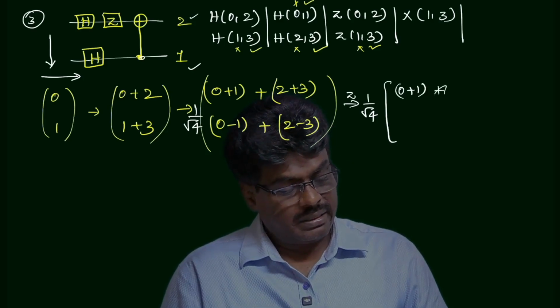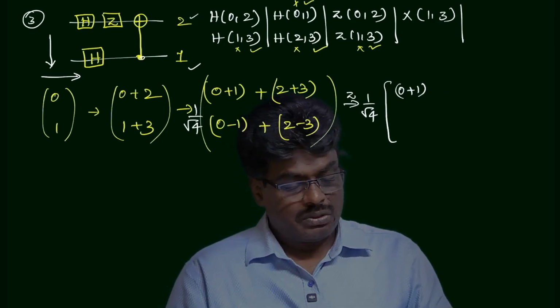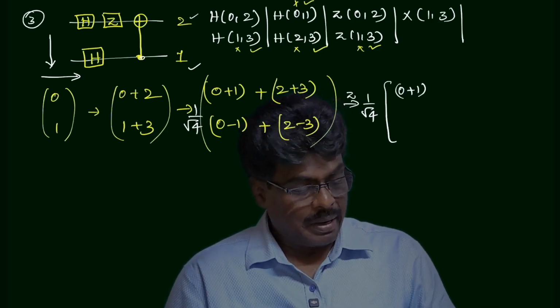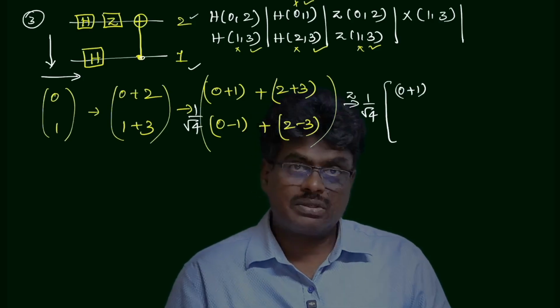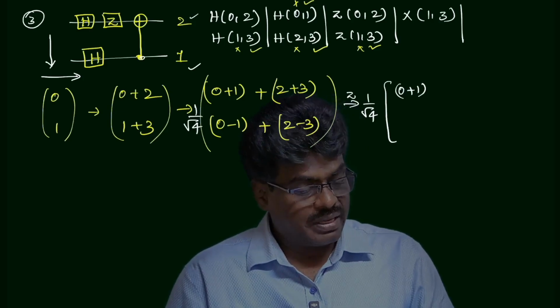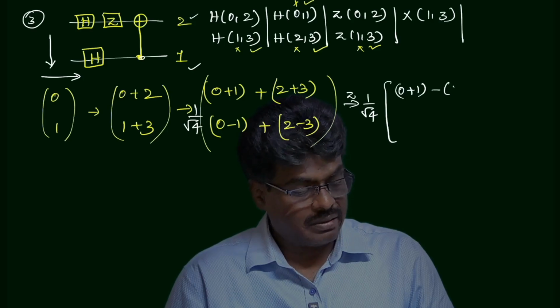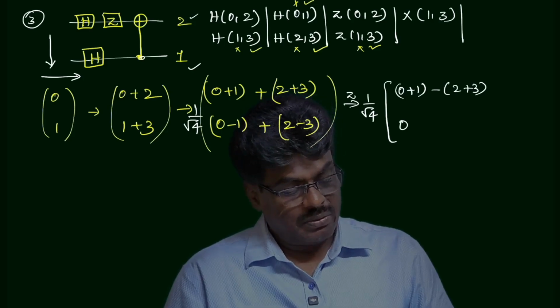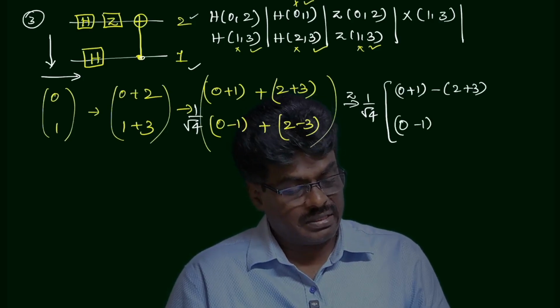And next, sorry, 2 is in on and 3 is also on, that's why minus 2 minus 3. So we can write it as minus common, that is 2 plus 3. Next one, 0 minus 1 as usual, no change in 0 and 1.